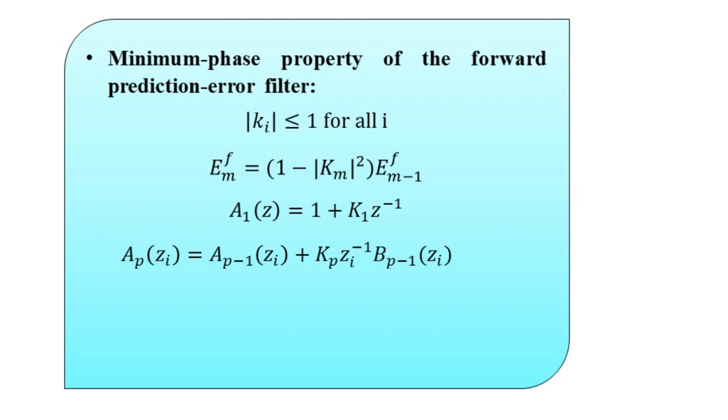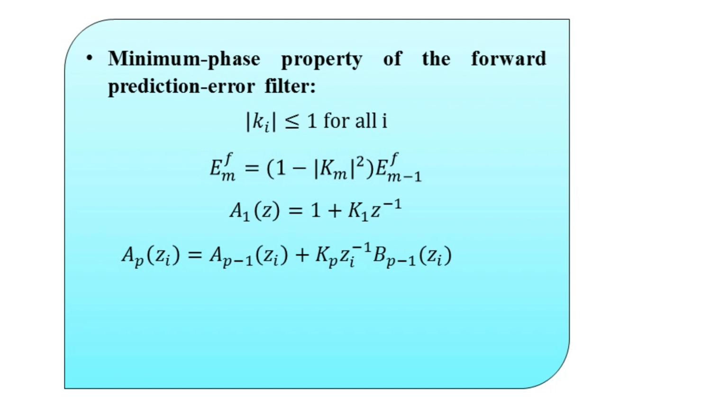Therefore z1 will be equal to minus the first reflection coefficient K1, and capital E to the power f, its first, will be 1 minus mod K1 square, multiplied by E suffix 0 to the power f, that will be greater than 0, which we can take from the second equation on this slide.